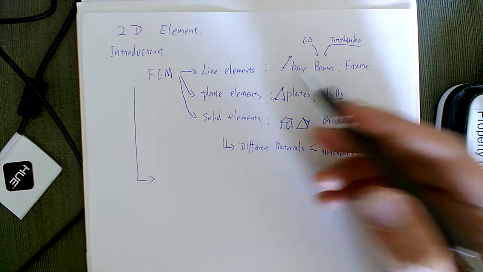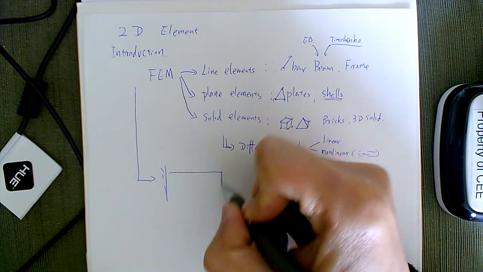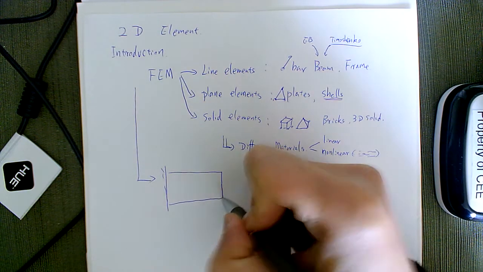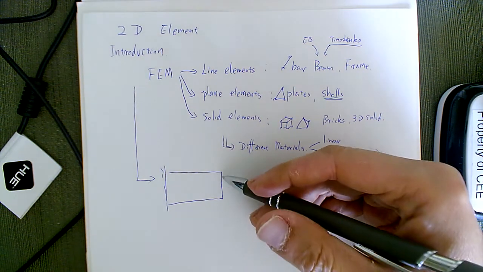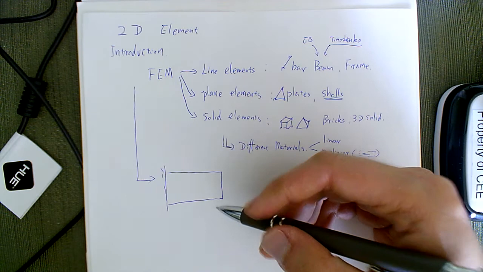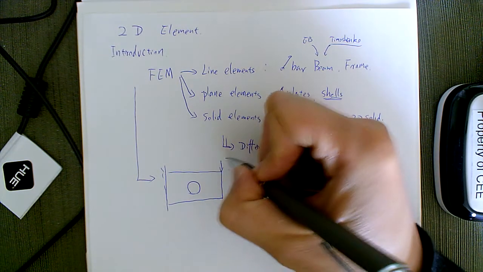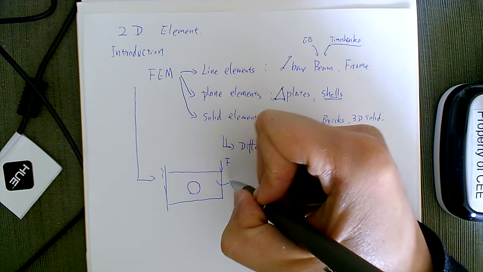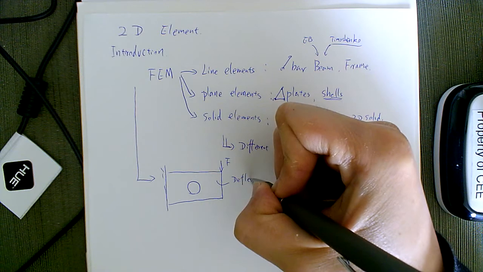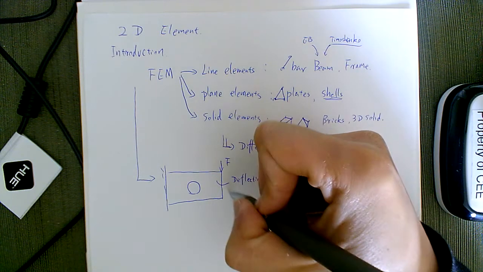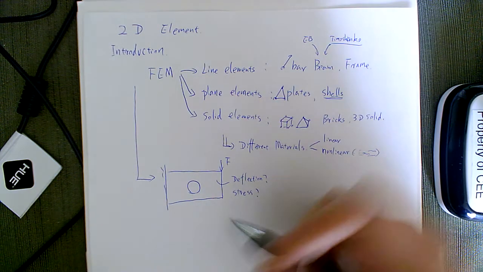We've done bars and beams, we can do trusses, we can do frames, but we're really trying to say, okay, even in structural engineering, you have something like a deep beam, which is like a beam that's actually not like a beam, it's like a plate, and then you cut some holes in it, and then you add a force to it, and then you're gonna say, okay, what's the deflection? And also what's the stress inside it?